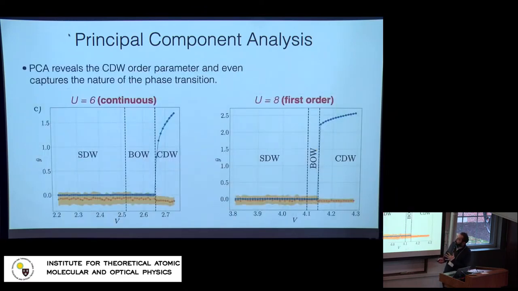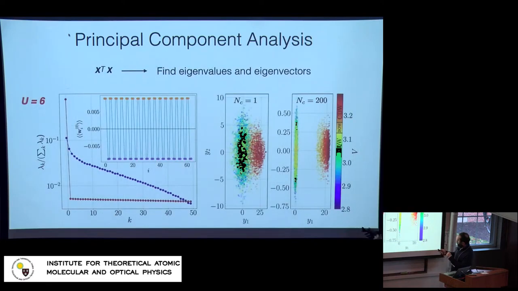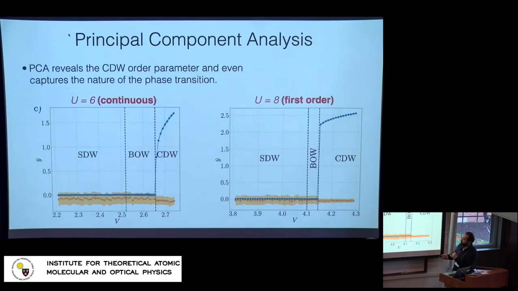This is more clear if you, for every value of B, for every color here, average everything in this direction and plot them as a function of V. You see that this first principal component really shows a sharp increase as you enter the CDW phase, but there's no signature from the first or the second principal component for this first phase transition. When you have a large U and you have a first order transition, that also shows up in this first principal component. You go from something smooth to something sharp.